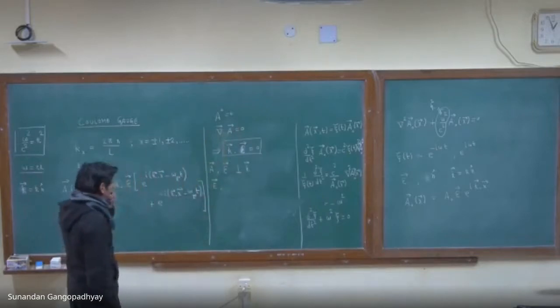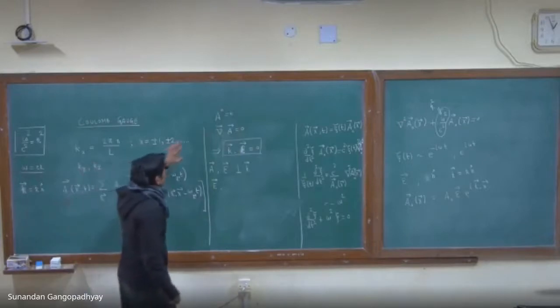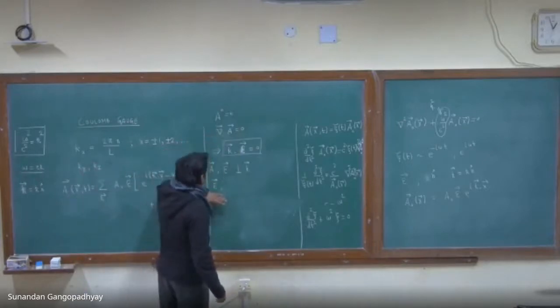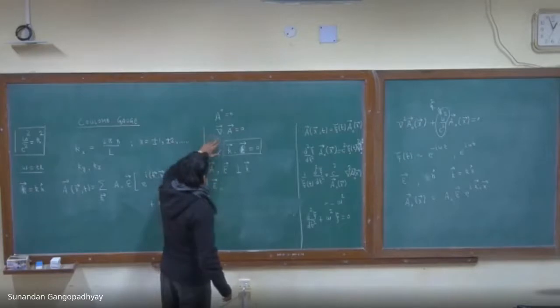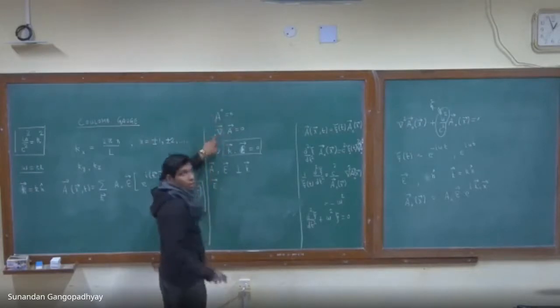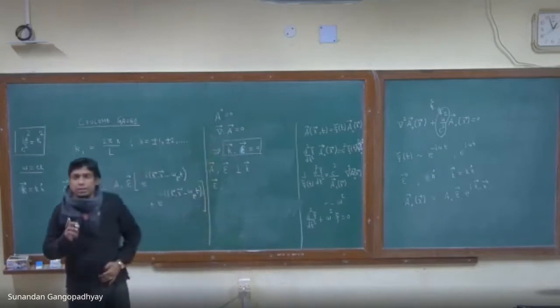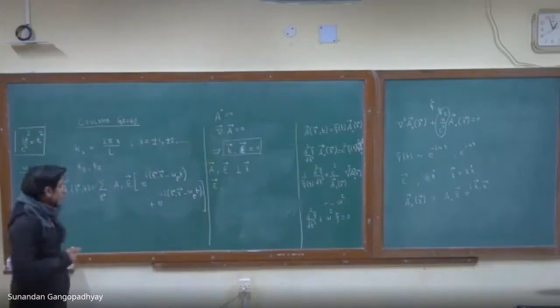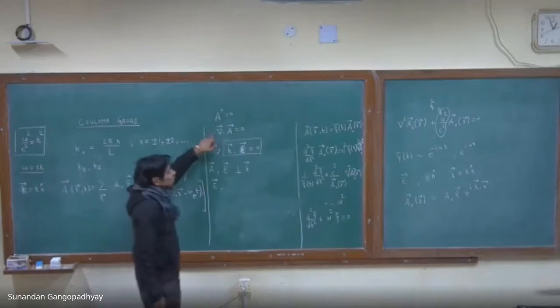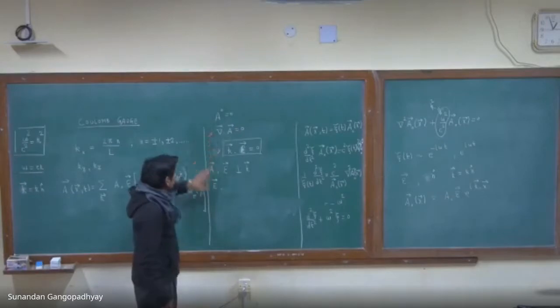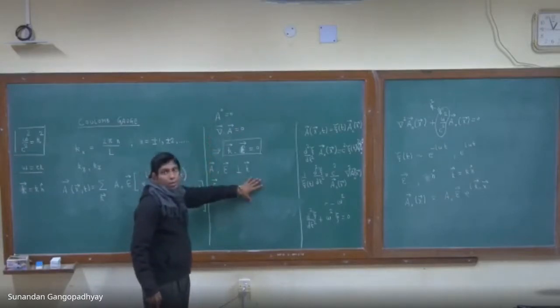And so from this analysis, what we find is that when you fix A0 to 0, you have three components of the A vector, right? There are three components, A1, A2, A3. But this condition tells us that the A vector lies in a plane perpendicular to the k vector because k dot epsilon is 0.